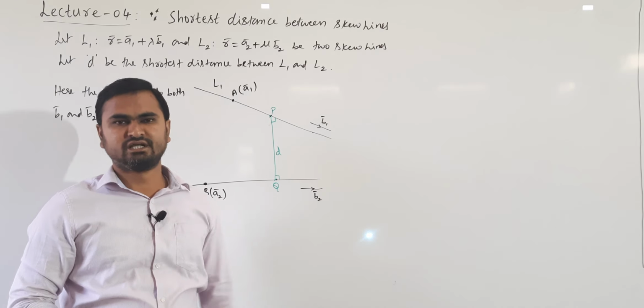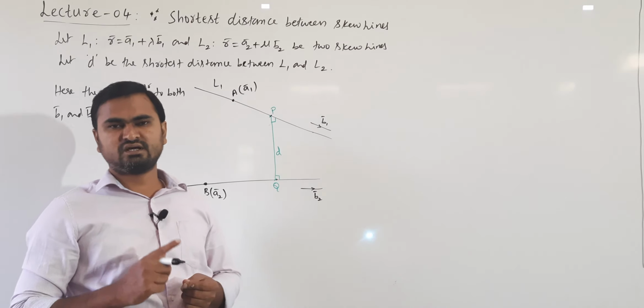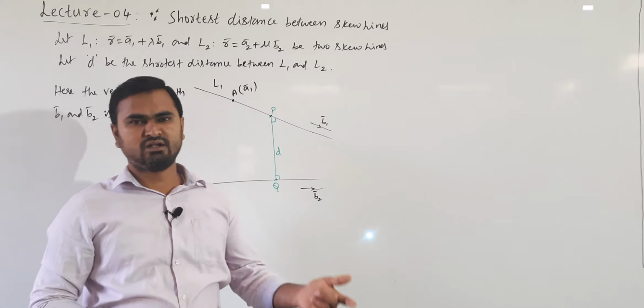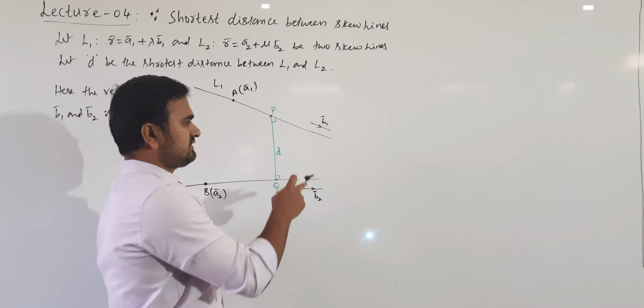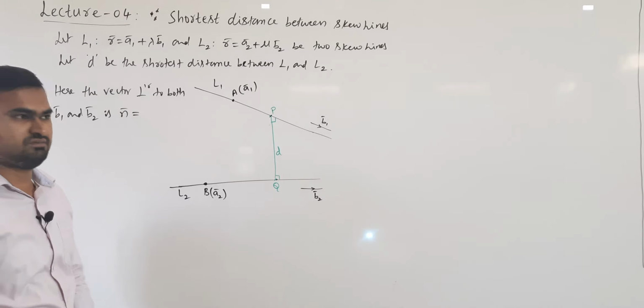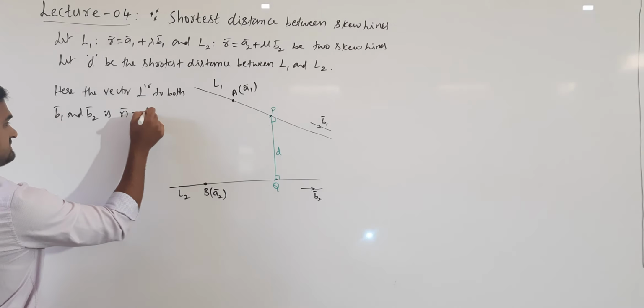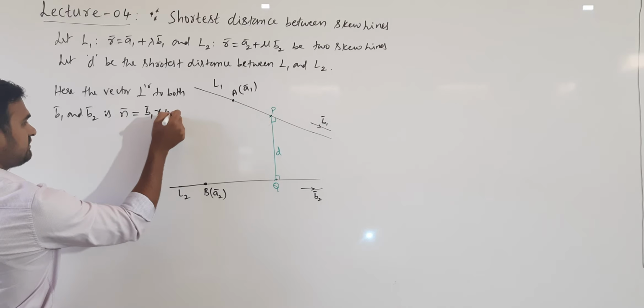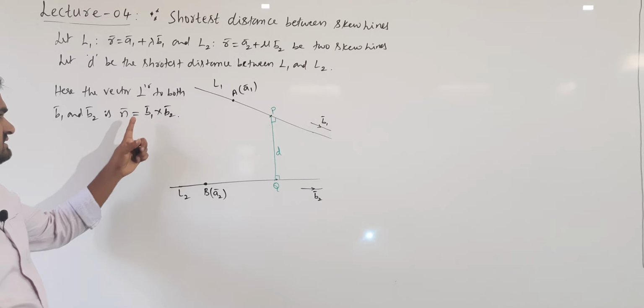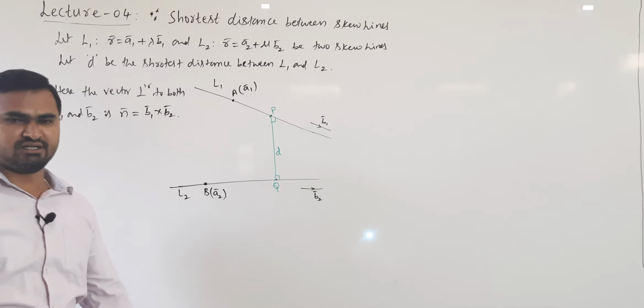In cross product we studied, the vector a bar cross b bar is perpendicular to both a bar and b bar. Since we are interested in a vector perpendicular to both b1 and b2, it is nothing but b1 cross b2. So the normal vector I can take as b1 bar cross b2 bar. Understand? So this is a normal vector I can write.